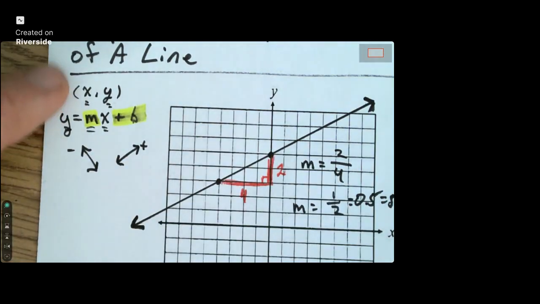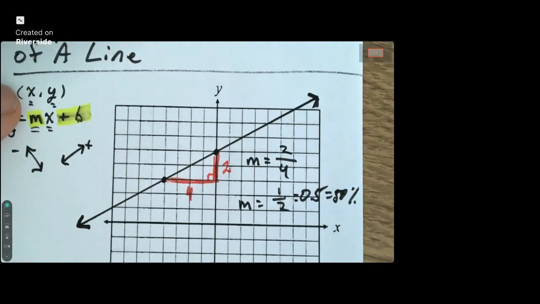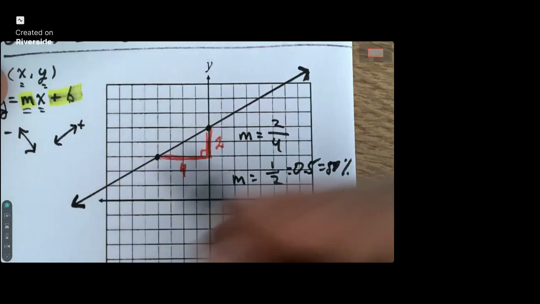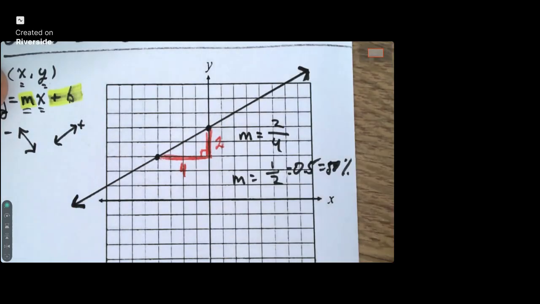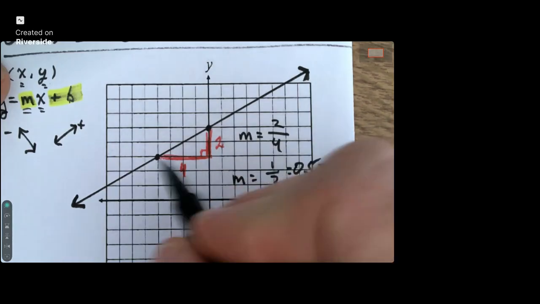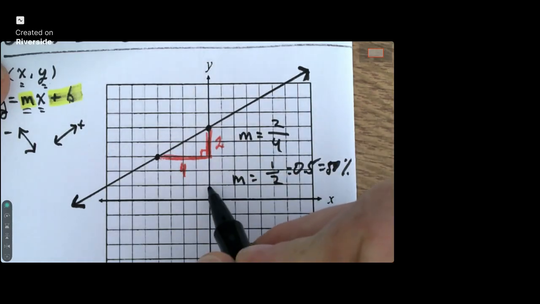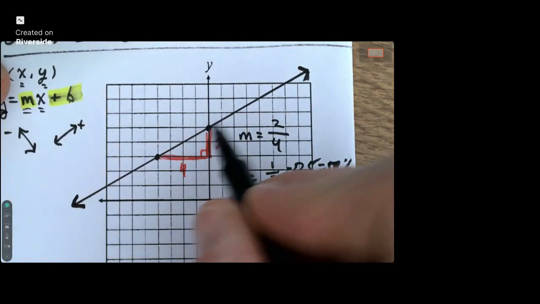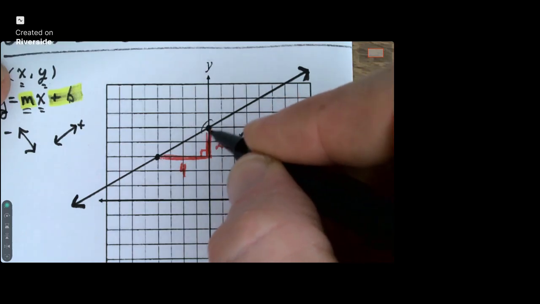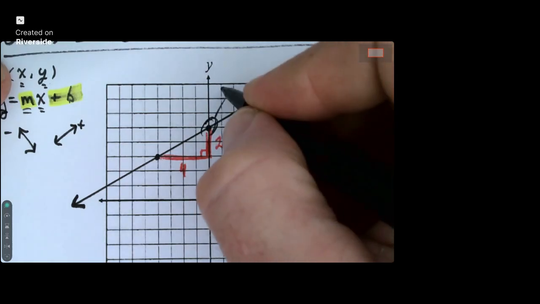I got our slope. Now let's go get our y-intercept. Our y-intercept is super simple. We just have to find out where our line hits the y-axis. What is that y value? The y value, the coordinate, is at 0, 1, 2, 3, 4, 5. So y equals 5 right there.